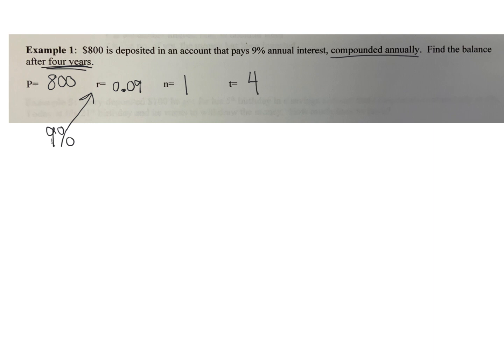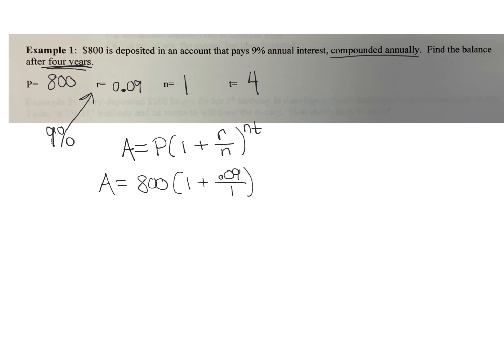So I'm going to write down my formula. My amount that I have equals my principal, 1 plus the rate over n to the nt power. So I'm going to plug everything in. Amount equals, my principal was 800, 1 plus 0.09 over 1 to the 1 times 4 power.